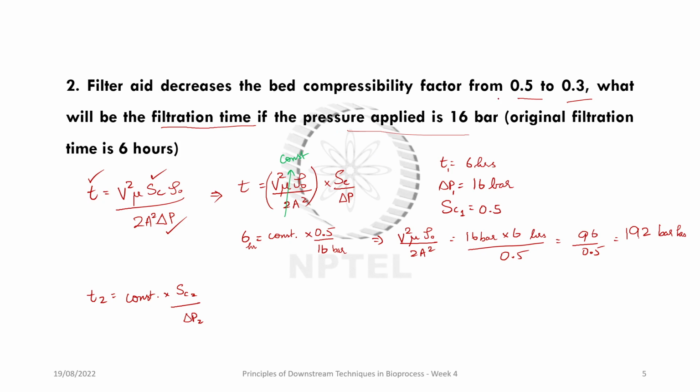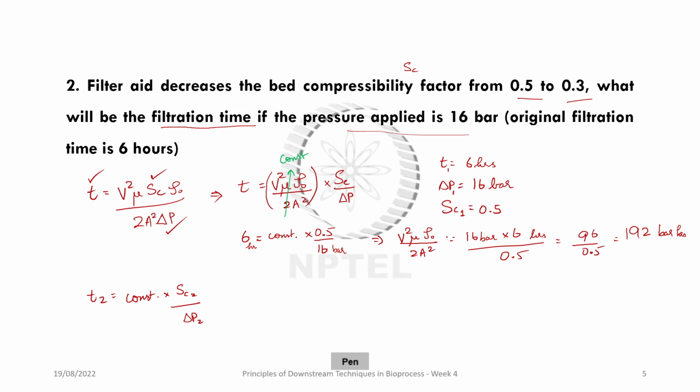The only factor that changes is the compressibility factor SC. All other parameters are the same. So we'll be using the same constant, which is independent of any of these, because the area is not changing, the volumetric flow rate is not changing, the volume of media getting processed is not changing, and the viscosity or the density is not a question here, correct?